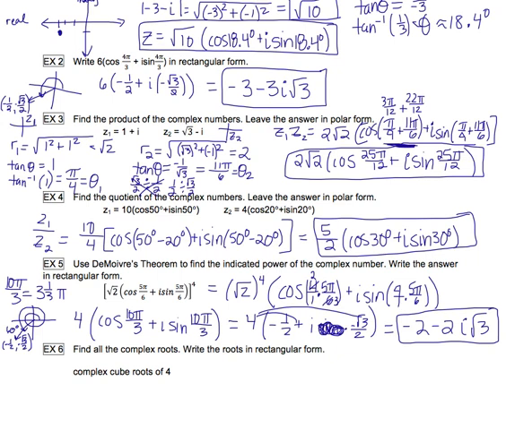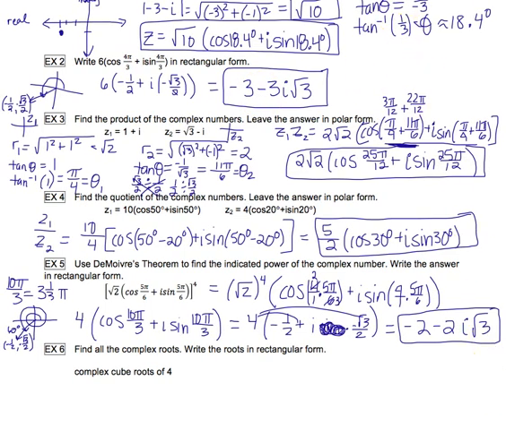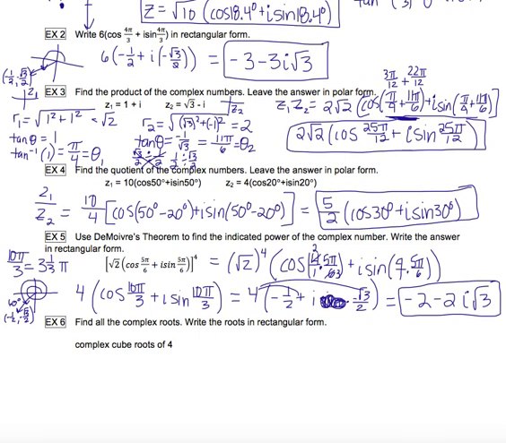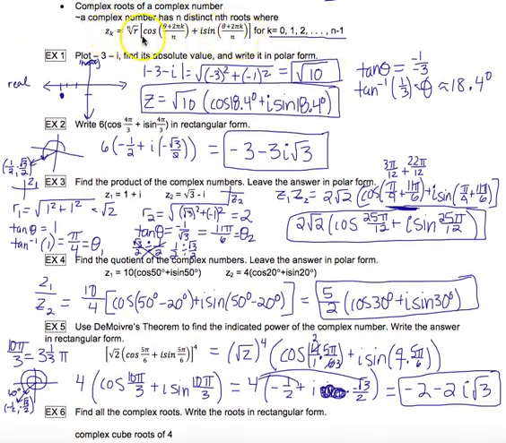All right, last one. Complex cube roots of 4. So on this guy, we are looking at, let me scroll to where you can see it, complex roots of a complex number. We're looking at this one, and it wants us to find the complex cube roots.